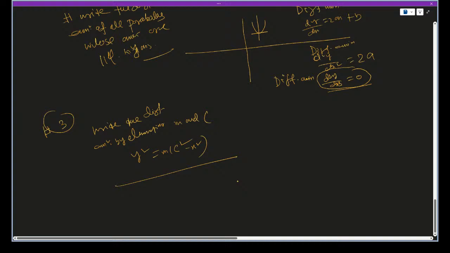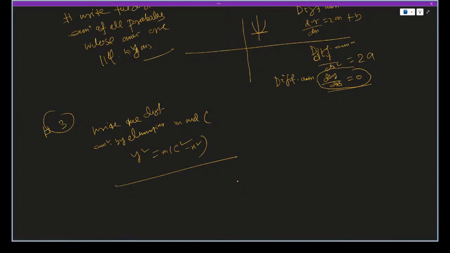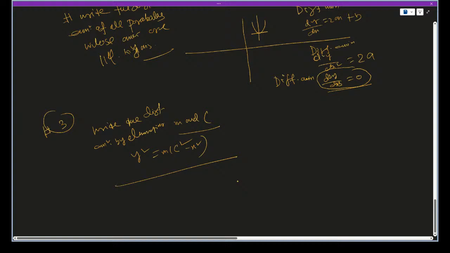You can see the arbitrary constants; it will be based on that. You can differentiate once only, not twice. They said m and c are arbitrary, so it's fine. Do it.